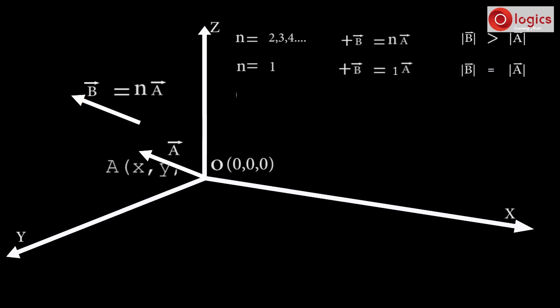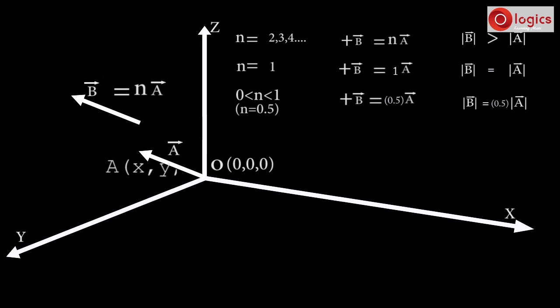Now for n value between 0 and 1, which is also a positive value. Let's say n equals to 0.5. Then B bar equals to 0.5 times multiple of A bar. Here, the magnitude of B bar is 0.5 times magnitude of A bar.